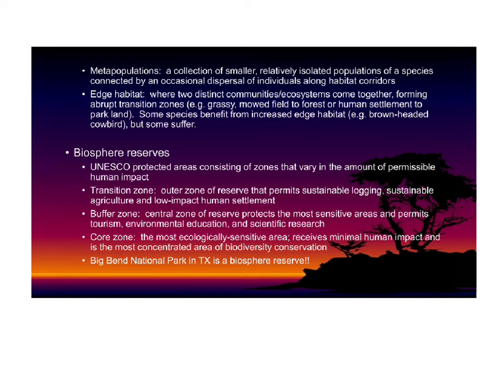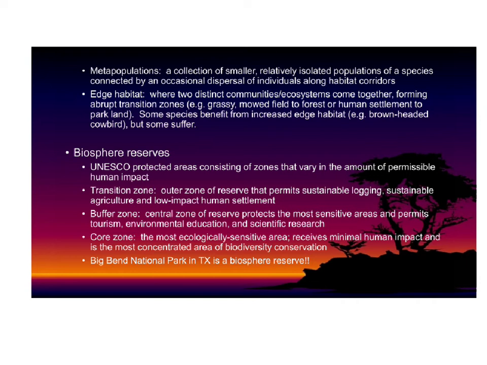Okay, idea of metapopulations. Metapopulations are a collection of smaller, relatively isolated populations of a species that are connected by an occasional dispersal of individuals along habitat corridors. Metapopulations would go along with the idea of several small conservation areas rather than one large conservation area.